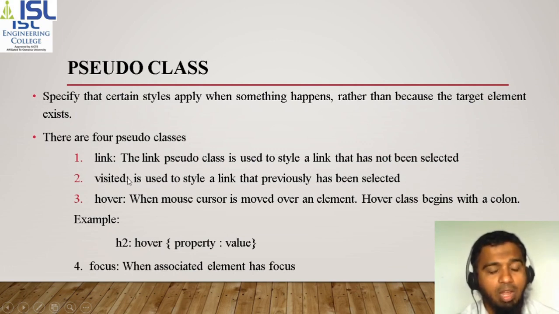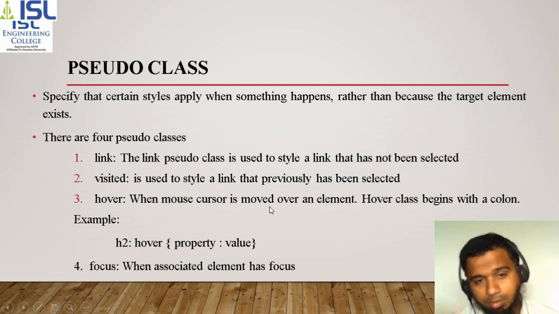And sometimes when you place your mouse on any element or any link, when the mouse cursor is moved over an element, it will show you something like a color change, or something will happen whenever you place your mouse on some element.